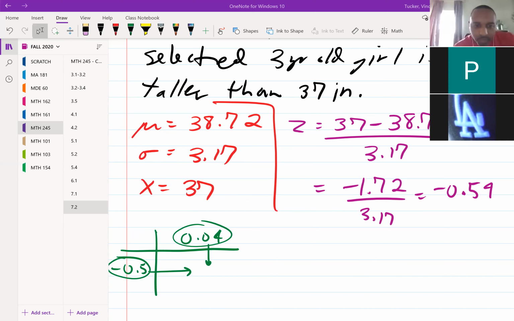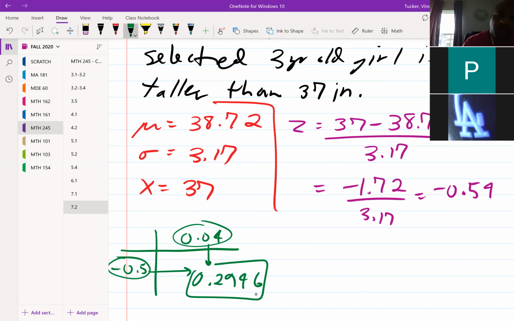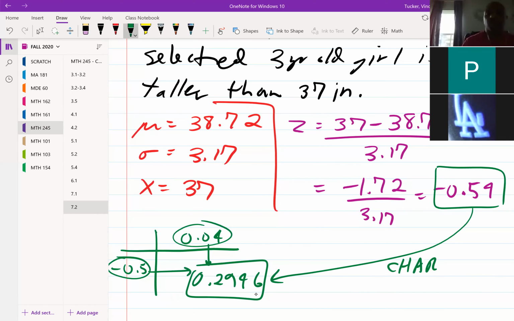So negative 0.5, and 0.4 is 0.2946. So you have to go to the chart to get that value. Any questions so far?